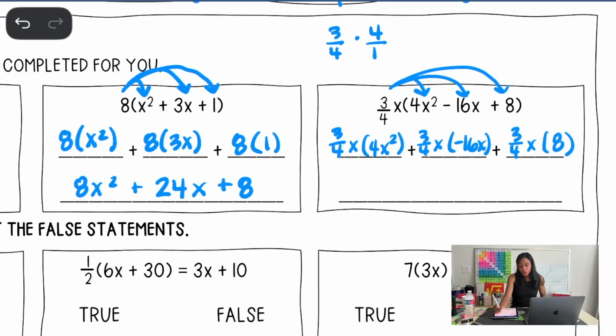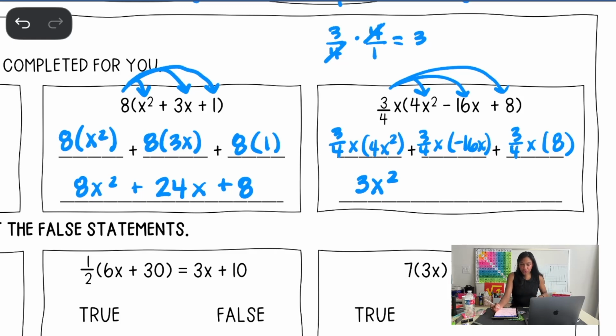I could multiply straight across, 3 times 4 is 12, and then divide by 4. If I want to cross simplify, I notice that I have 4 as a numerator and 4 as a denominator. 4 over 4 has a value of 1, so that eliminates itself. We're left with 3, so this is going to be 3x squared.